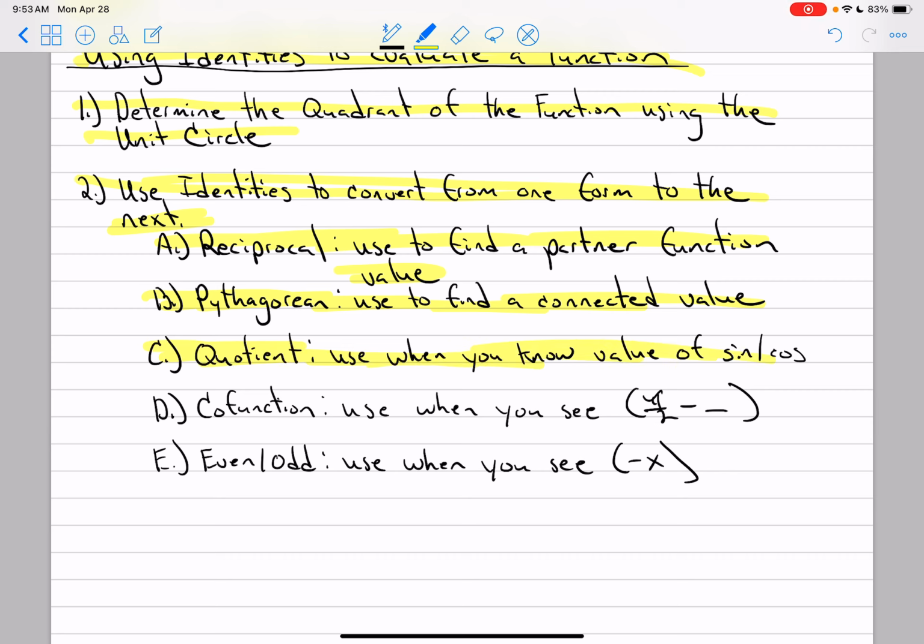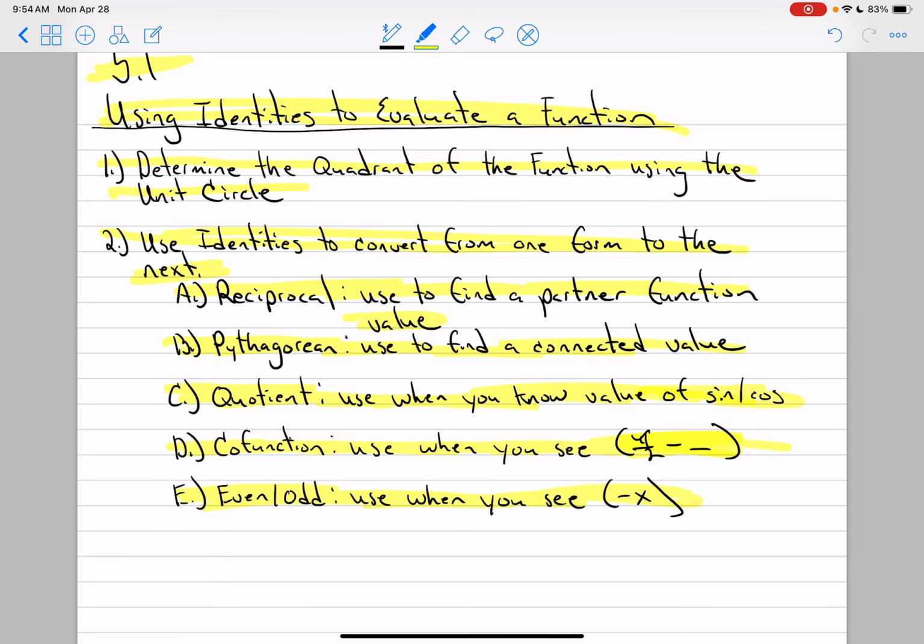You can use those when you know what sine and cosine are. Okay? Then you could use those cofunction identities. So when you see something like pi over 2 minus something, you should be thinking about the cofunction identities. Then you can use the even and odd identities when you see something that has a negative x in there. Then you can figure out those identities. All right. So you copy those down.